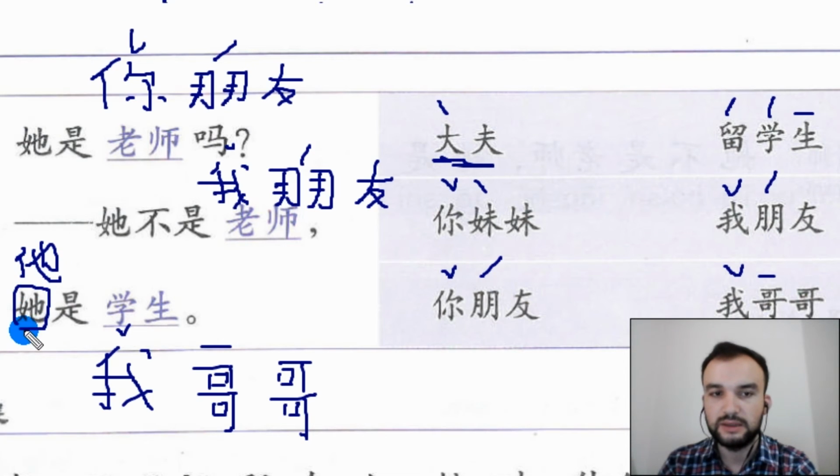It should be like this, because this style is female, she. This one is he, male. So we should change this one. 他是我哥哥. He is my elder brother.